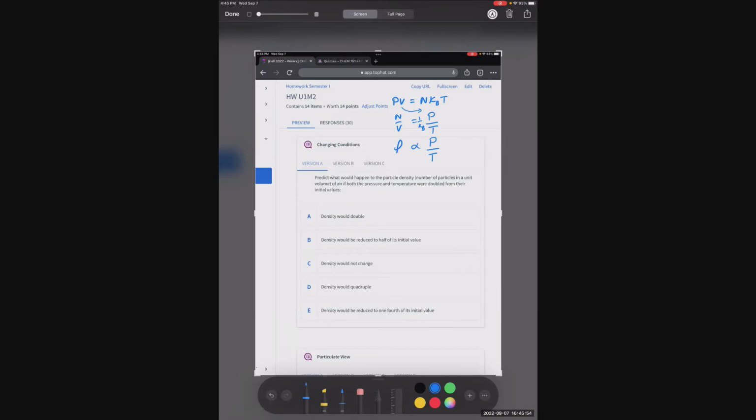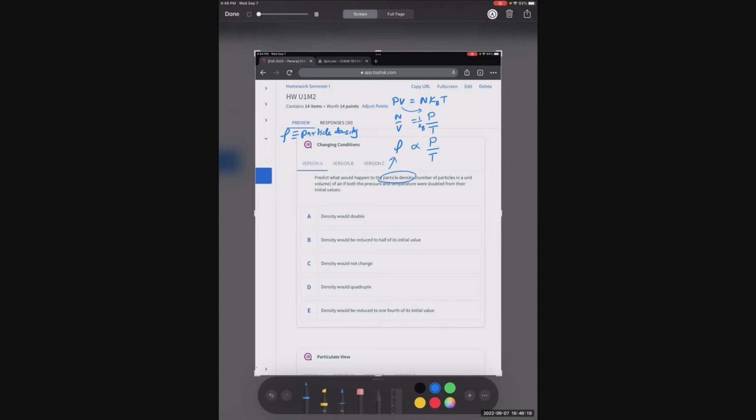Just to make sure we are on the same page, this rho here is the particle density, that means the amount of particles per unit volume. Now we have this relationship. The question is asking what is going to happen if both the pressure and the temperature were doubled from their initial values.